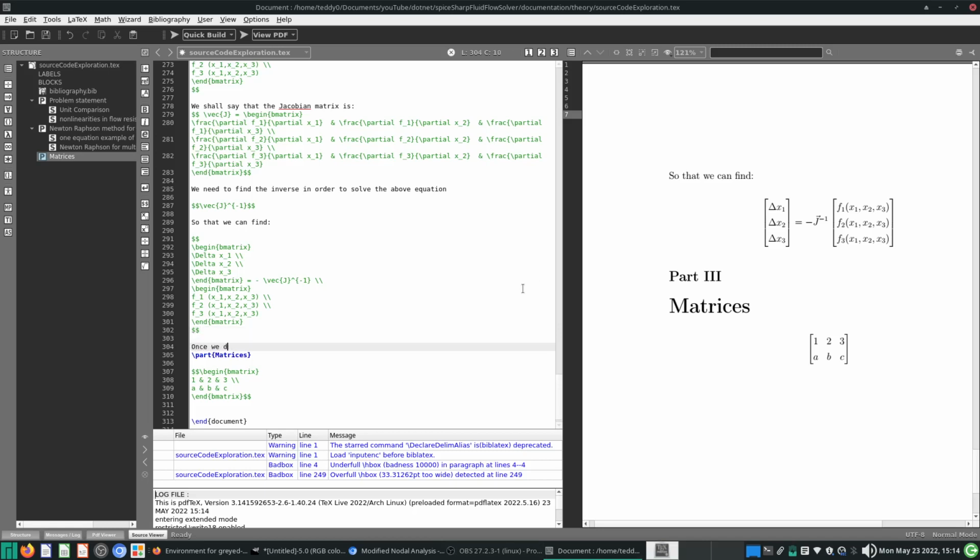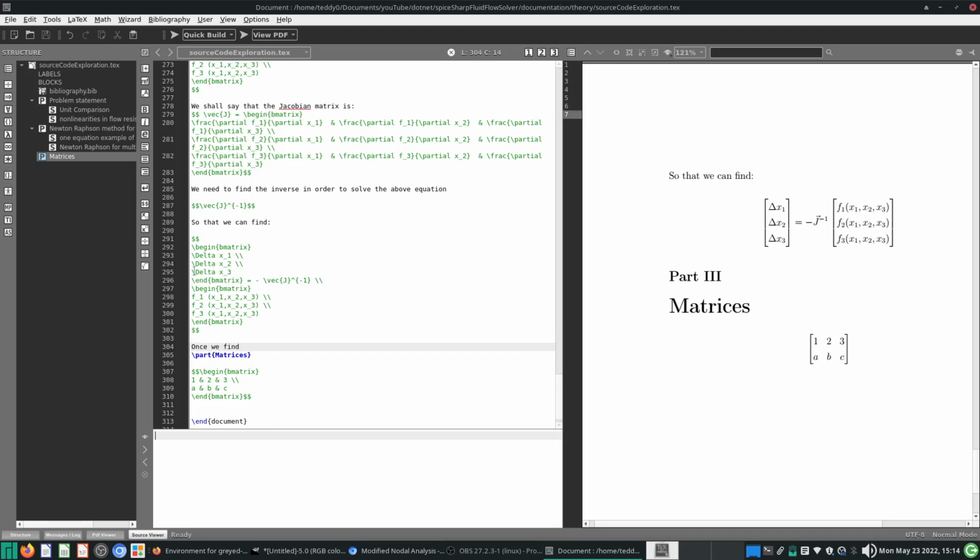Once we find this, we can do the next step. I can just call this the vector of delta x, where this vector of delta x equals all of these things here.